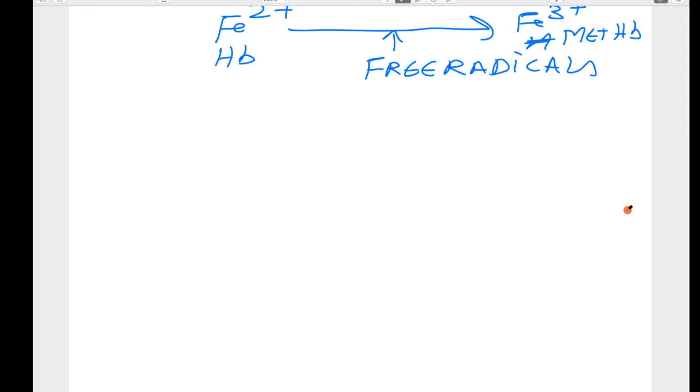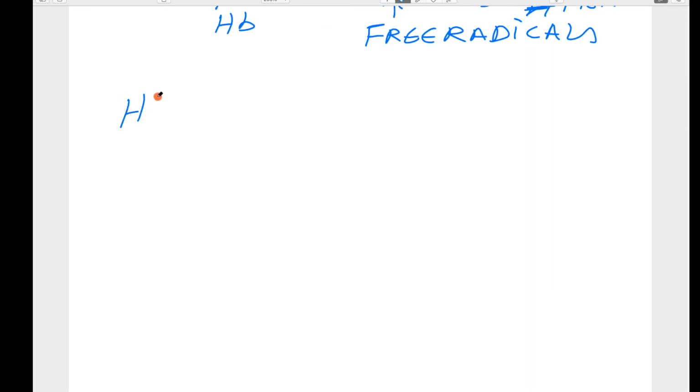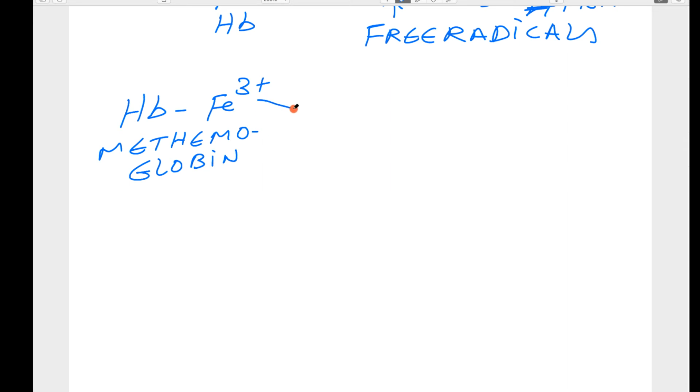So it leads to methemoglobinemia if the levels are increased. That means it has to be converted back to hemoglobin by converting Fe3 plus into Fe2 plus. How does this process take place? Methemoglobin with Fe3 plus has to be converted to hemoglobin having Fe2 plus.